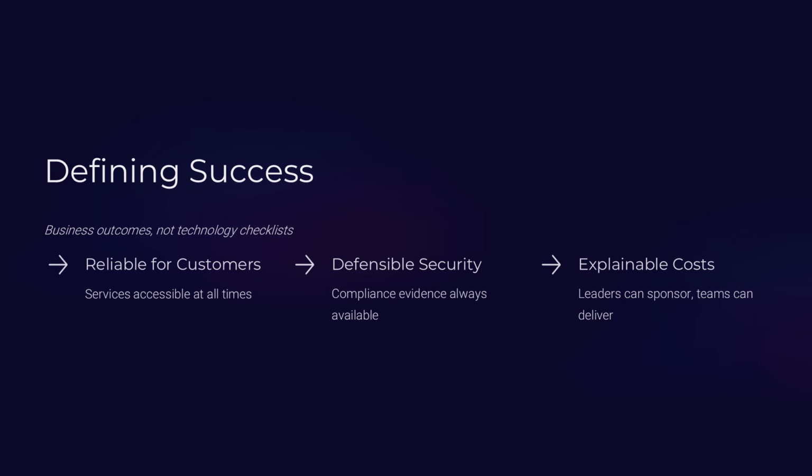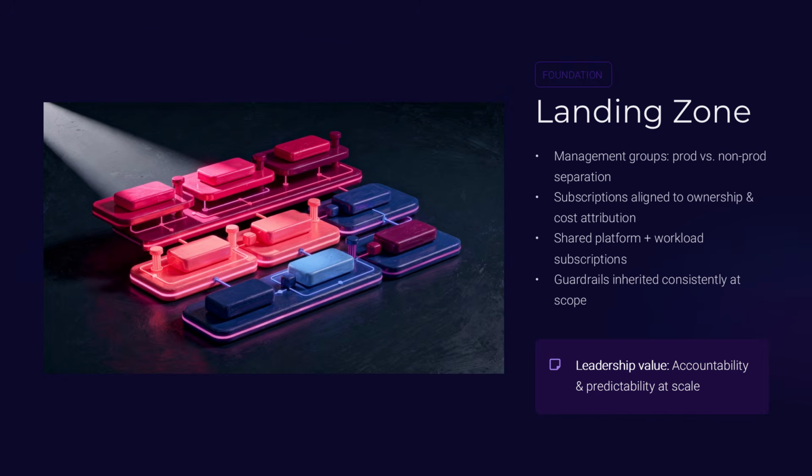You are not aiming for an academic perfect design. You are aiming for a production-ready design that leaders can sponsor, teams can deliver, and operations can run without constant exceptions.